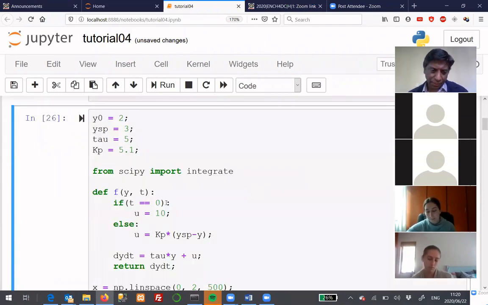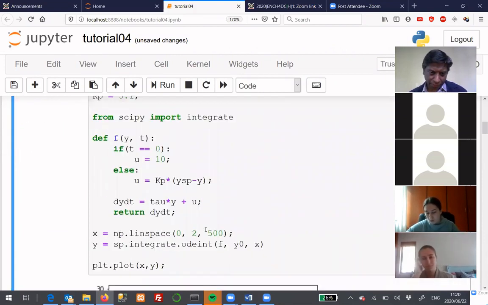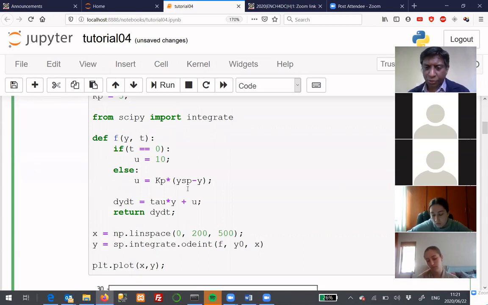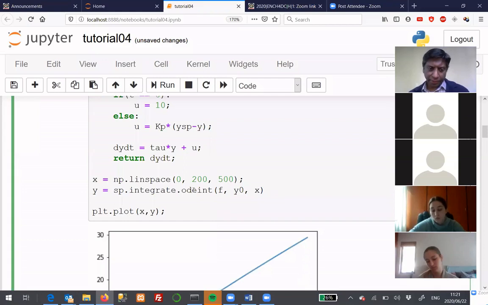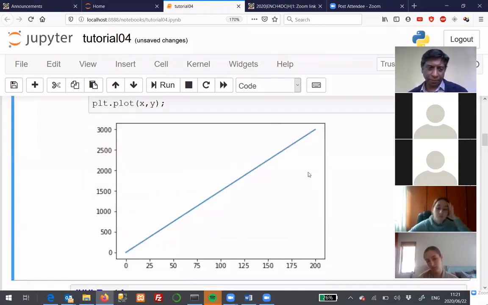In fact, what I need to do is increase our limit here. So instead of 0 to 2, let's make it 0 to 200. And I want to come back to this 5. It was only increasing there because we weren't at the steady state value yet. We said Kp is our critical value, and we are trying to reach a steady state of 3.